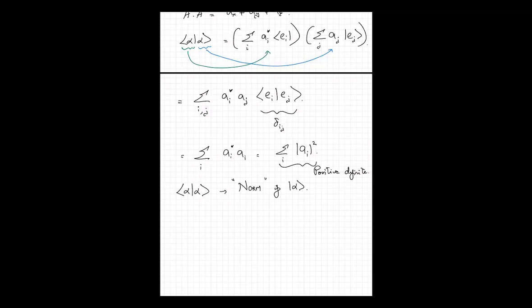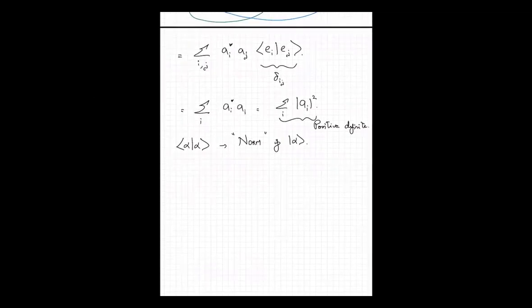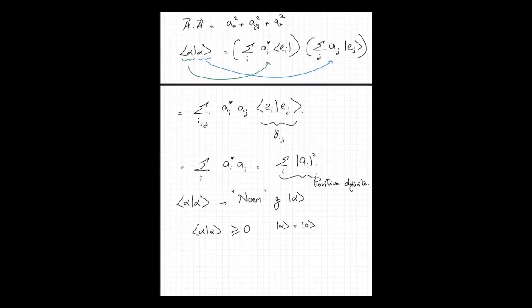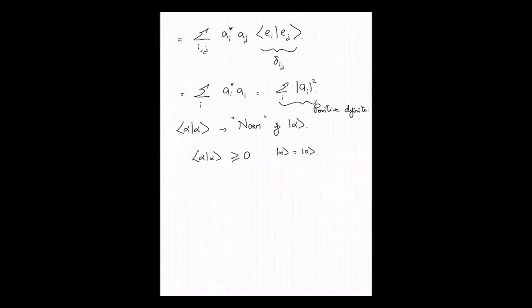It doesn't make sense to have a vector with length minus 2. So this is the definition of a norm of a vector. The norm is always greater than or equal to 0. The only time it can be 0 is if alpha is the zero vector. If alpha is not the null vector, then the norm is always greater than 0. The zero vector has no length, so it has zero norm, but all other vectors have a non-zero norm.